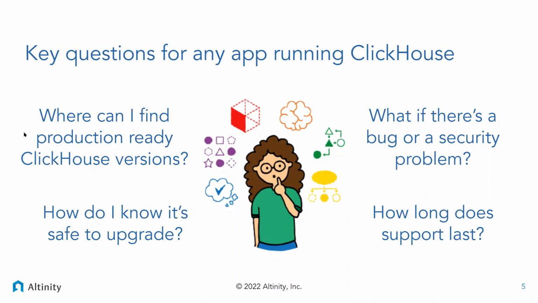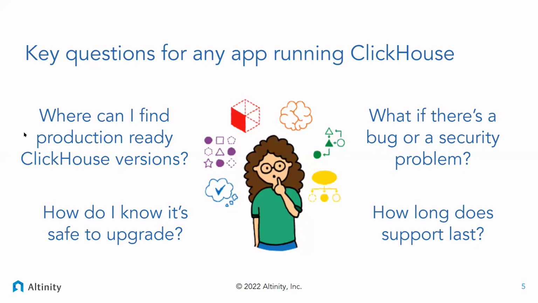Another question: how do I know if it's safe to upgrade? Everybody who works with data knows that upgrade is probably the most dangerous point in the life cycle of a database. There's all kinds of things that can go wrong, so you want to be very clear that the thing you're upgrading to is well tested and you understand the consequences of the upgrade.